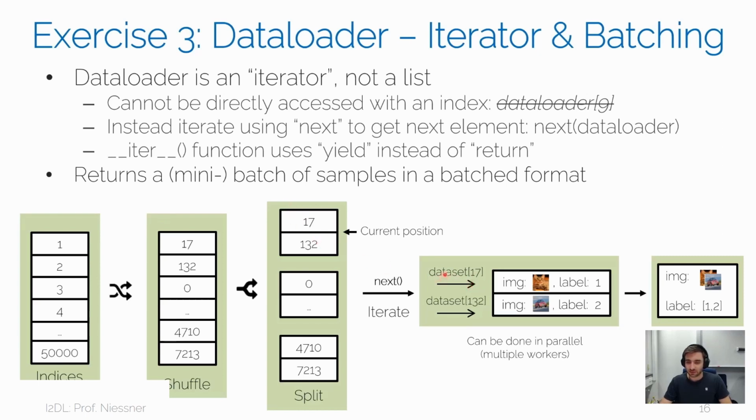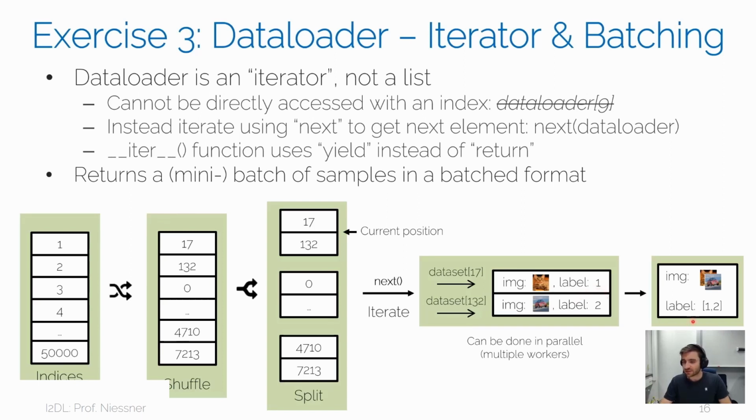So it's going to call, for example, dataset 17 and 132, and will get back the loaded data from disk. So it gets the images together with the label. And this part, for example, can be done in parallel because these are two independent steps.